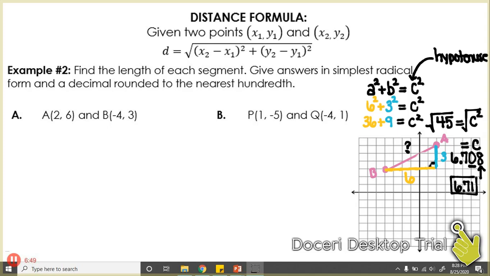Now, I'm going to show you how to use the distance formula because you might not want to draw a right triangle and use the Pythagorean theorem every time. So again, we always label our ordered pairs x1, y1, and x2, y2. So that's just how we're going to name them so we don't get confused.